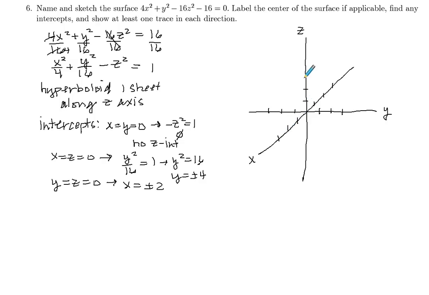And I'm keeping equal scaling on my axes here, units of 1. So y plus or minus 4 is going to be out here at positive 4, and then down here at negative 4. X plus or minus 2: positive 2 would be right here, and negative 2 is right there. So those are our intercepts.